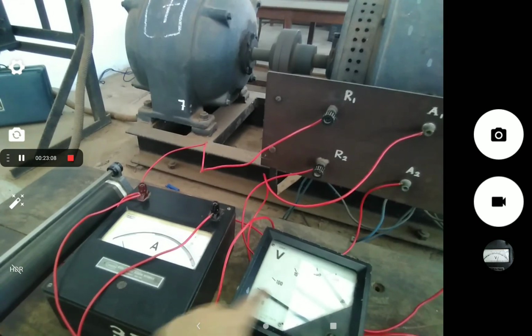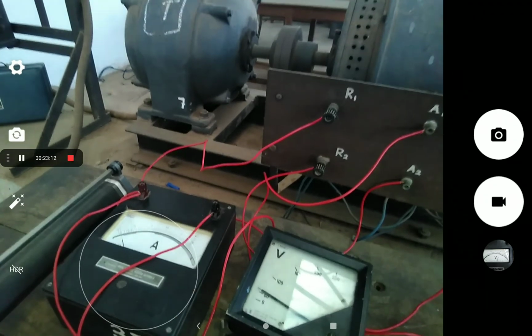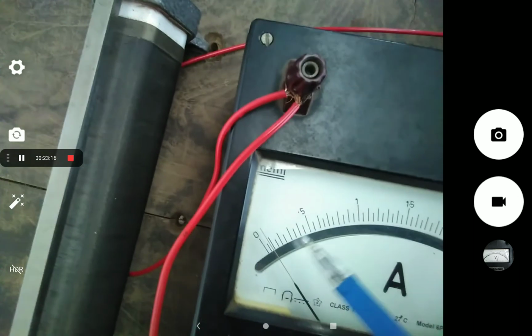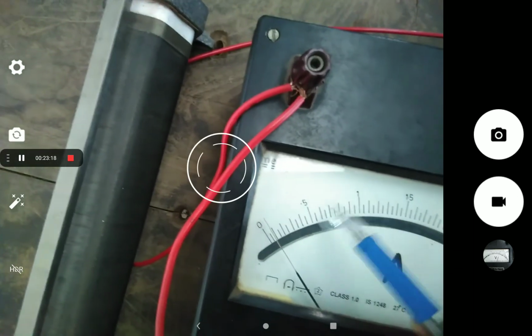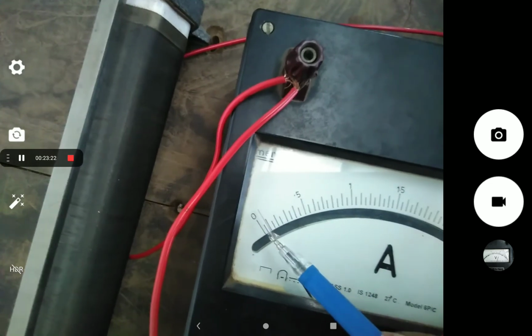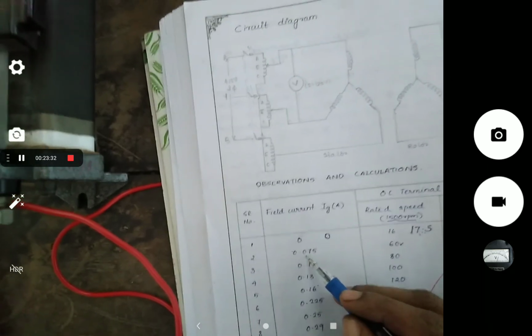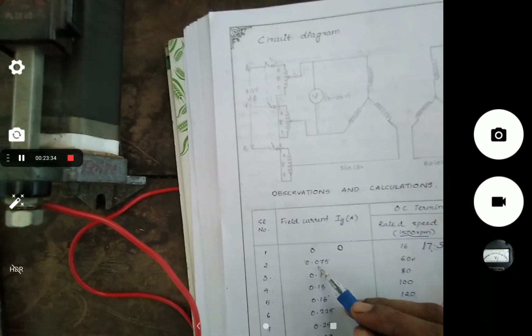Okay, 60 volts. So you mark 60 volts and the corresponding current is 0.075. Okay, for 60 volts it is 0.075.